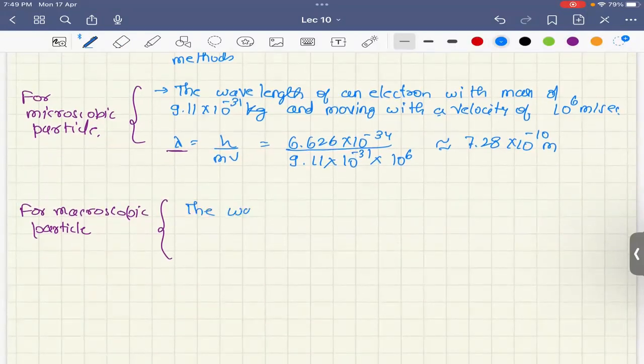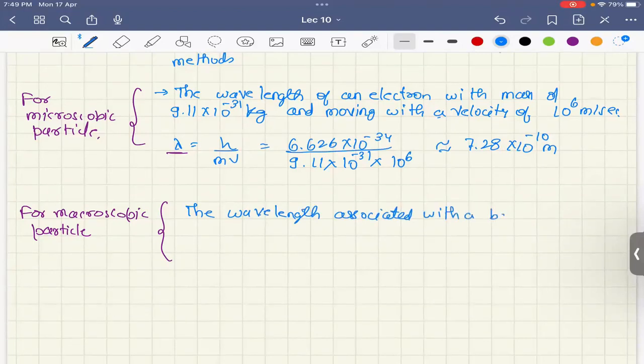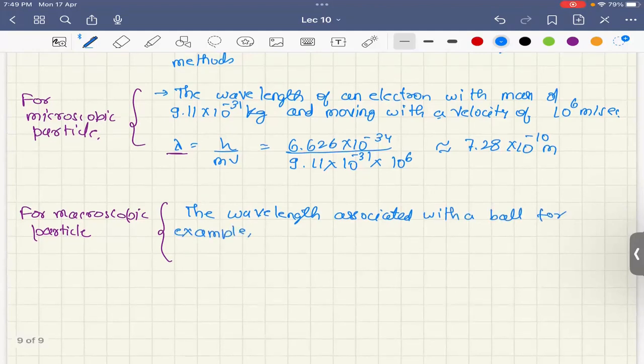The wavelength associated with a ball, for example, with a mass of 10 gram and the same velocity. Let's say the velocity is 10 raised to power 6 meter per second, right?